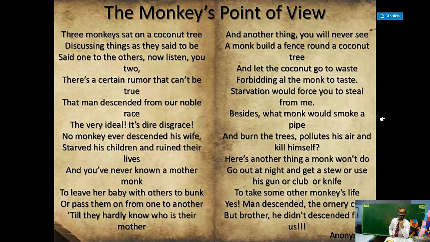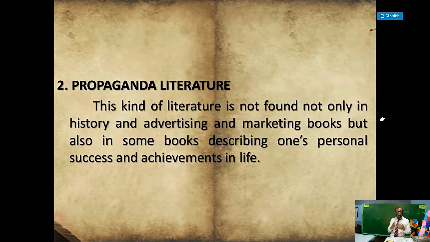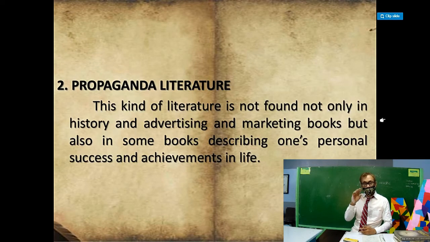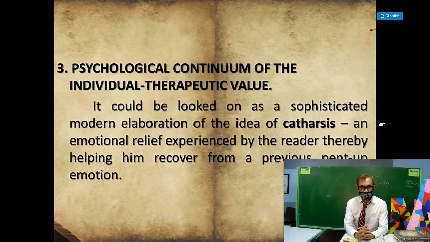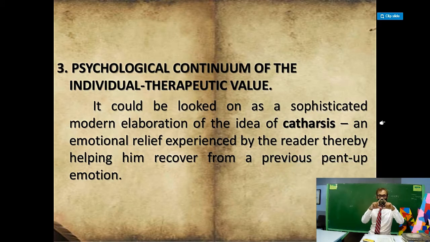An example of that is the article about the monkey's point of view. You can read that on your own. I'm just running out of time and I'm coping with time. That's why I will not read all of these words here in every slide, only some of the important words, okay? Propaganda literature, psychological continuum of individual, therapeutic value.